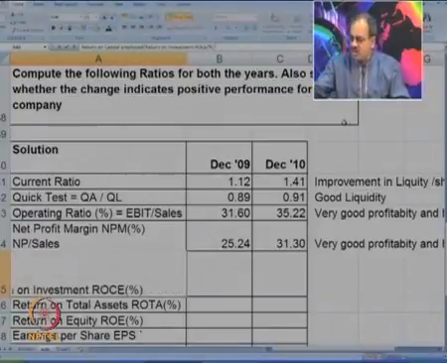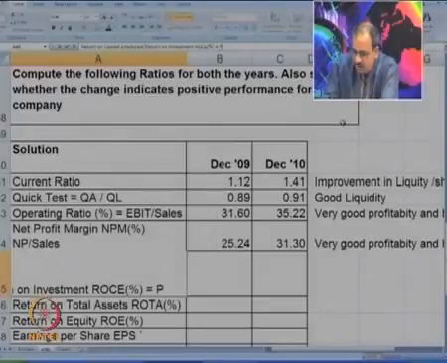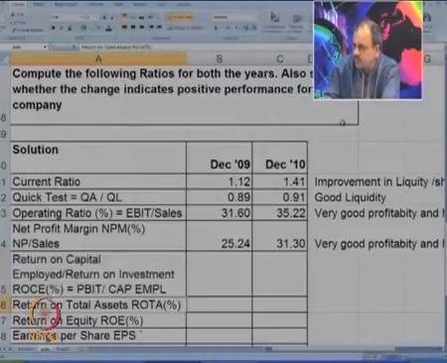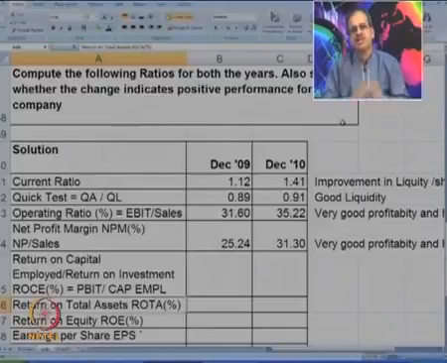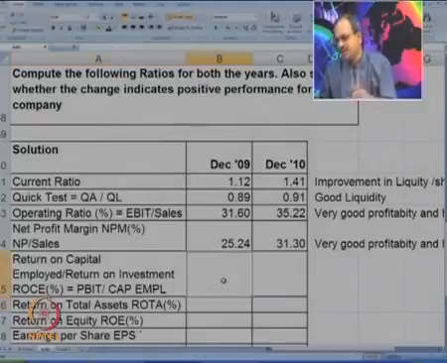So, we are essentially trying to link the PBIT, which is profit before interest and taxes, to capital employed. So, what is capital employed? It is a total of debt funds plus owners' funds, into 100 because we want it in percentage.